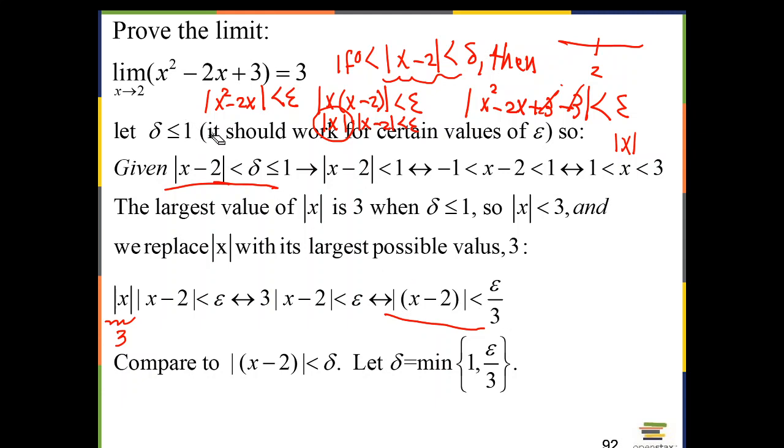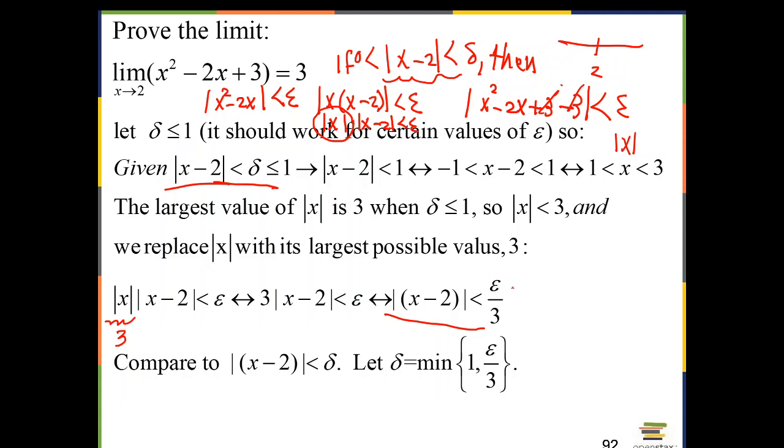But here we have a problem, right? Because we got this from the fact that delta is less than or equal to 1, right? So that means delta will work for some values of epsilon. For what values of epsilon? Well, remember, if we pick a delta, anything smaller than that works too, right? So if delta equal to 1 works, then any value of delta less than 1 will work as well.